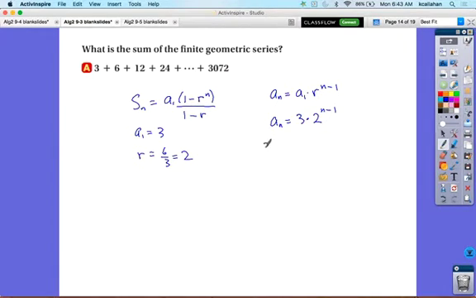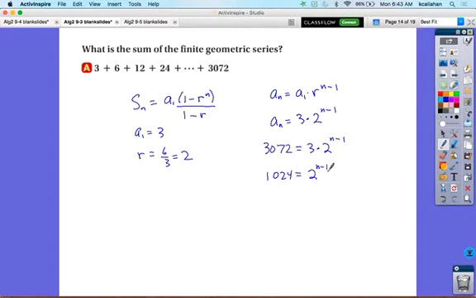All right, we can set 3072 equal to 3 times 2 to the n minus 1. And then you solve for n. Okay, divide by 3, 1024 equals 2 to the n minus 1.